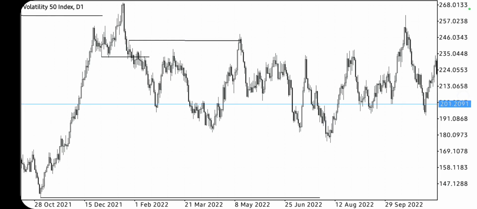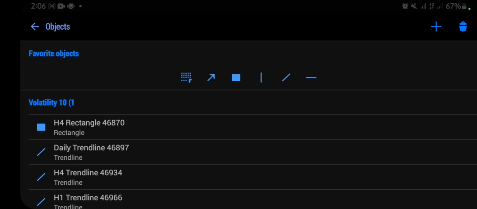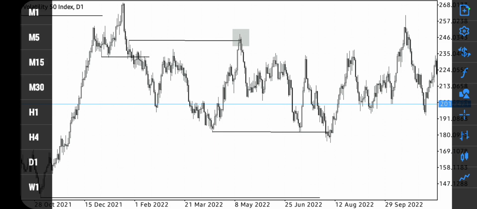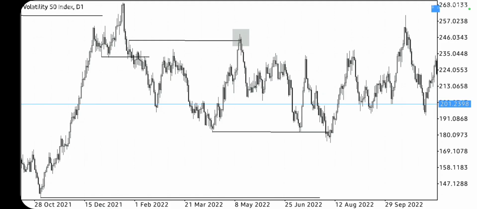Now the market came back and took it and created this major liquidity for us. So we had the break of structure to the downside, making this low a strong low also. This low becomes a strong low because this is actually a stop on liquidity.